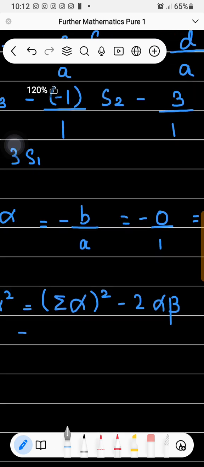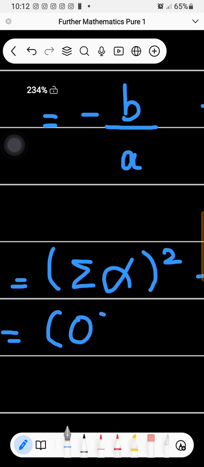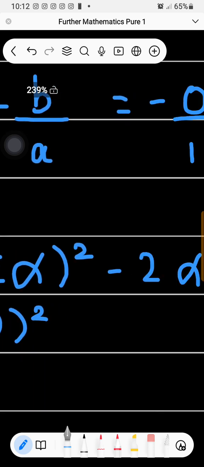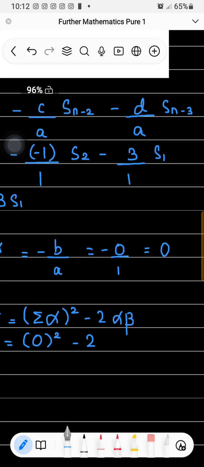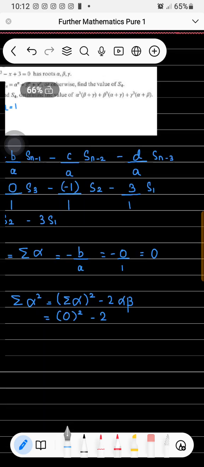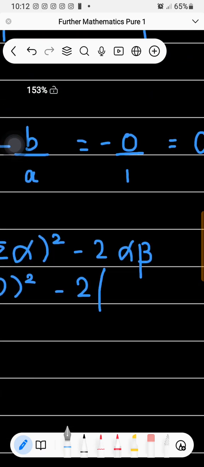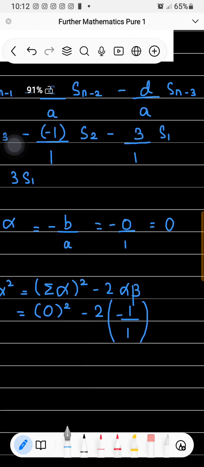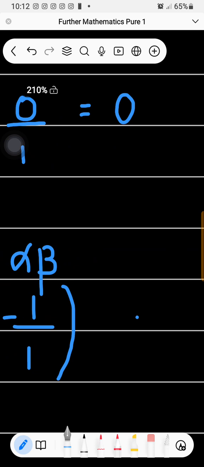We found that sum of alpha is 0. Then we will write negative 2. What is alpha beta? Alpha beta is c upon a. We know the value of c is minus 1 upon 1. So what do we get? We get 2 here.